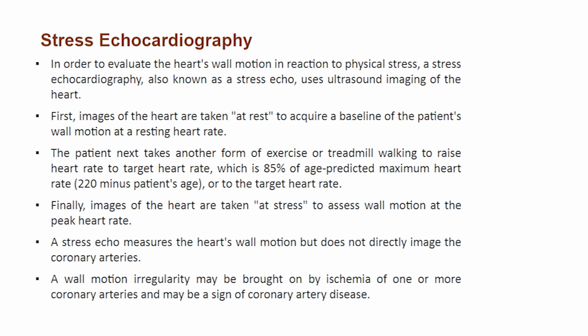The patient next takes another form of exercise or treadmill walking to raise heart rate to target heart rate, which is 85% of age predicted maximum heart rate, that is 220 minus the patient's age. Finally, images of the heart are taken at stress to assess valve motion at the peak heart rate.